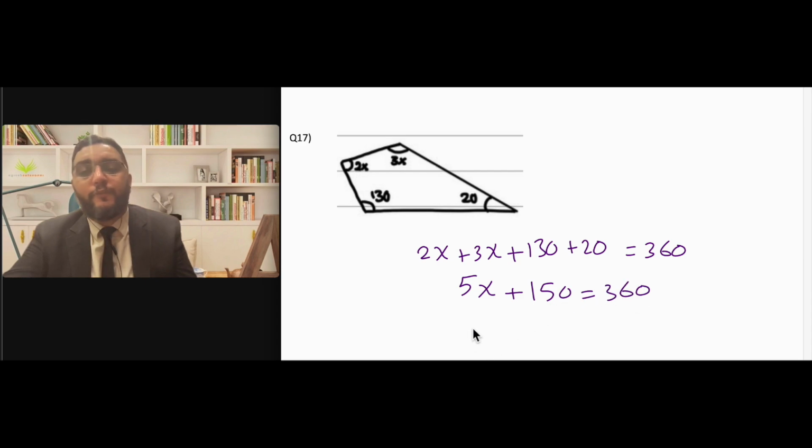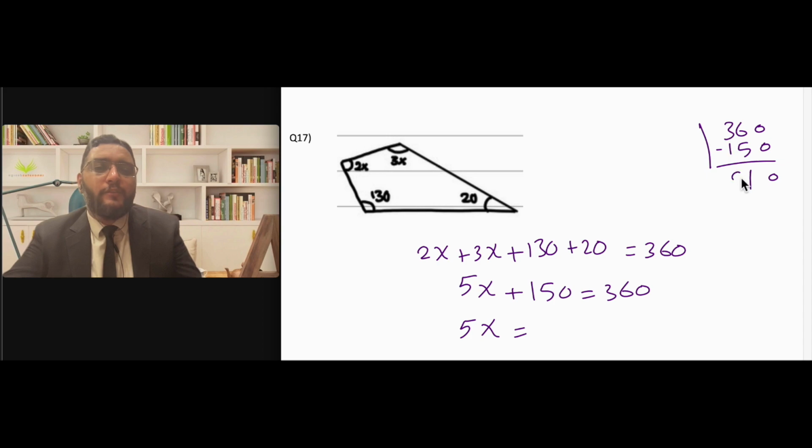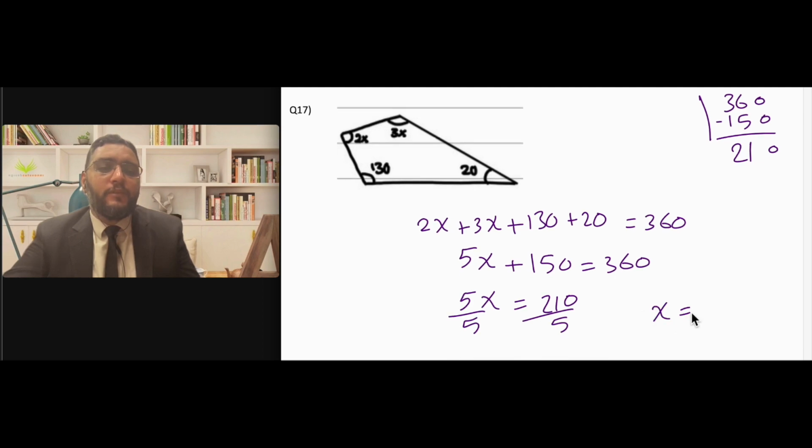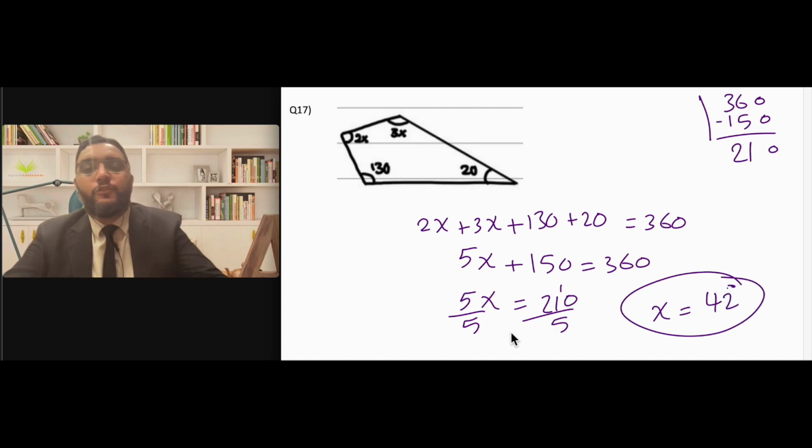Subtract 150 from both sides. So we have 5x equals 360 minus 150, so it will be 210. Then divide both sides by 5. So x equals 42 degrees.